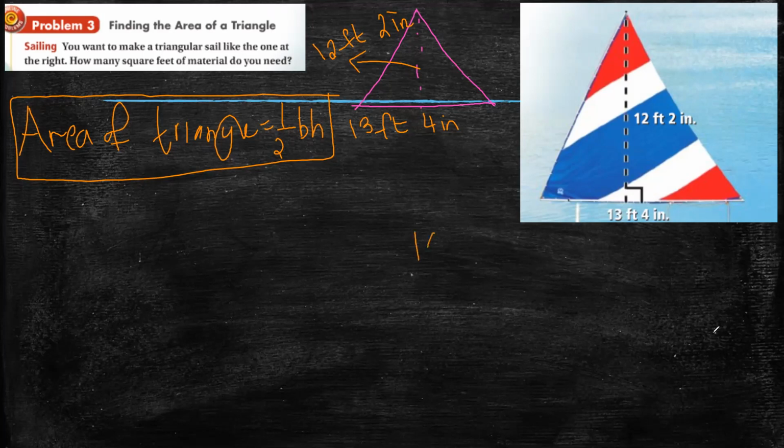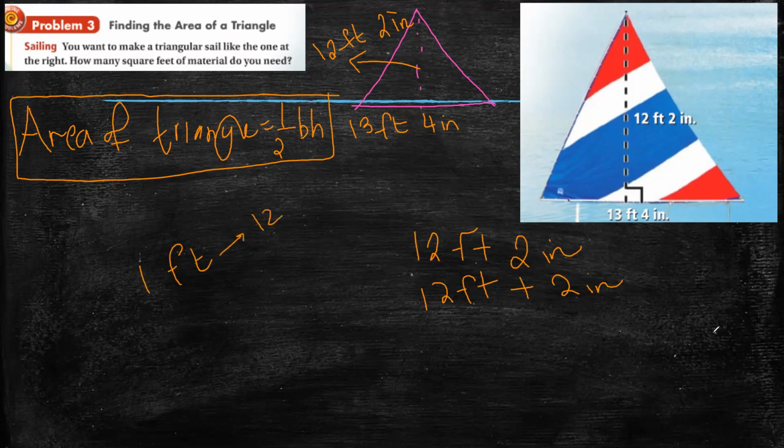So 12 feet 2 inches is 12 feet plus 2 inches. Now let's write the feet in inches. We said that every 1 foot is 12 inches. So if you have 12 feet, how many inches do we have? 12 times 12, which is 144 inches, plus 2 inches.